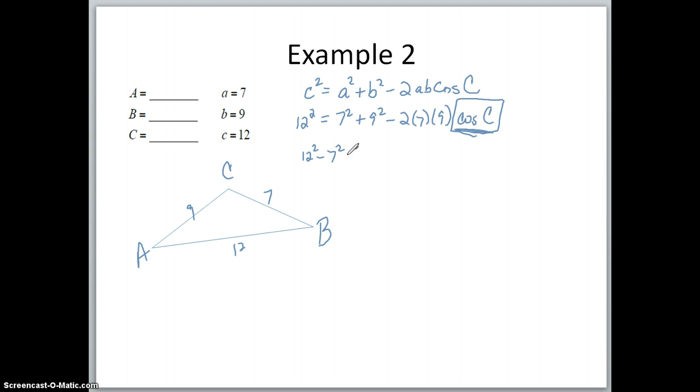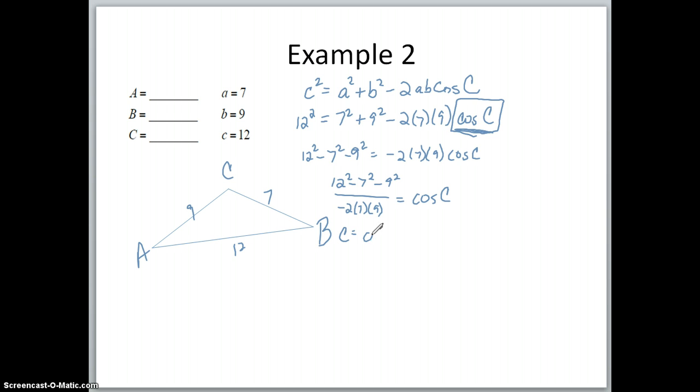Now if you wanted to calculate all this stuff out first before multiplying and dividing and solving for cosine of C, that's fine. You can do that. I'm just trying to show you what the algebra is for this. Okay, so now divide everything by -2 times 7 times 9, and I'm going to get cosine of C. Remember, to find angle C, we need to use the inverse cosine.